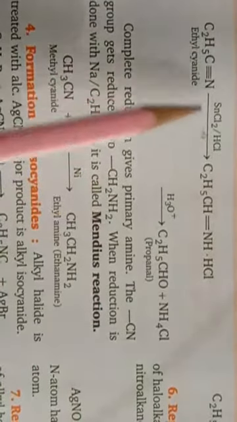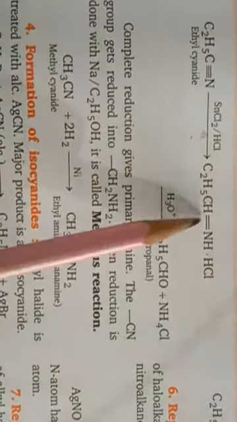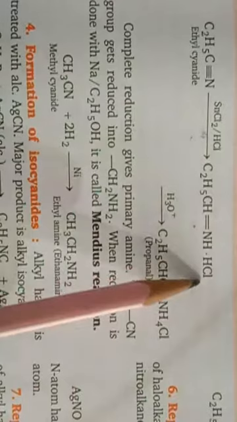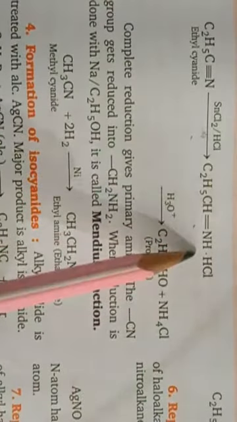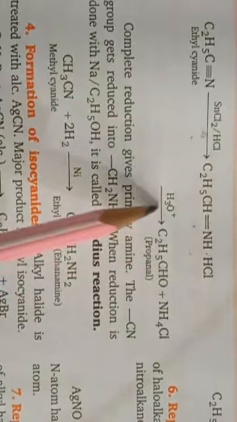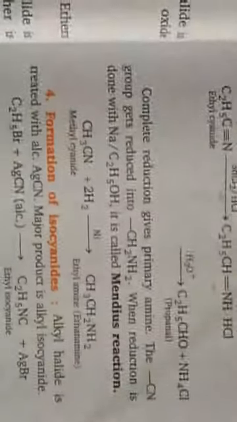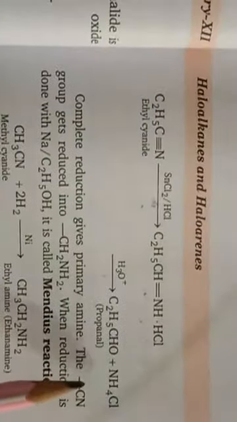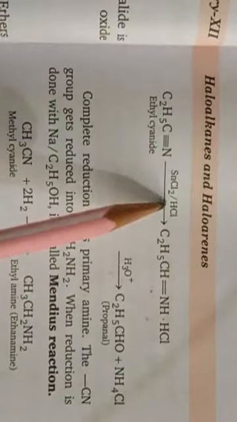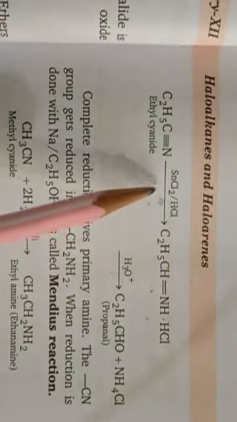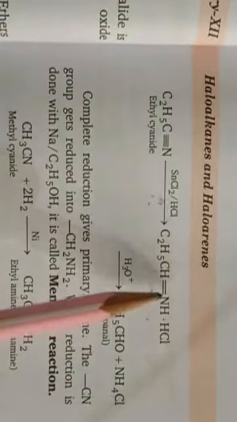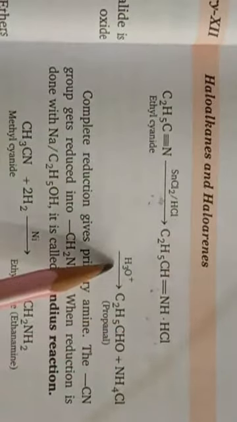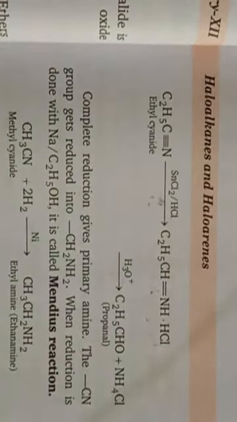So under Stephen reduction, first imines are formed, related imine hydrogen chloride, meaning imine salts are formed, and these imine salts on hydrolysis get converted in the form of related aldehyde. This partial reduction is known as Stephen reduction or Stephen reaction. So first imine hydrogen chloride will form, and when this is hydrolyzed, aldehyde will form.